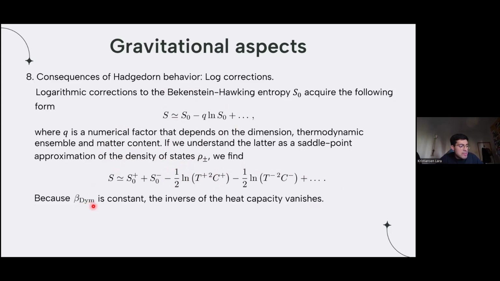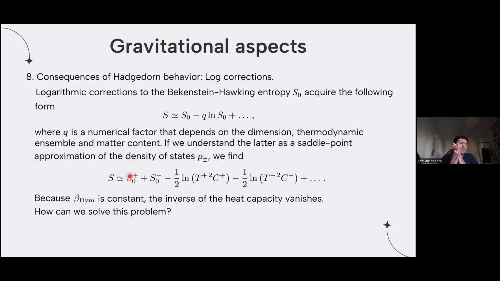However, beta DIM is a constant quantity. So this means that the inverse of the heat capacity vanishes. So it seems that there is no room for thermal fluctuations in this black hole. It seems that this black hole does not admit log corrections, or in other words, it is a pure classical result.